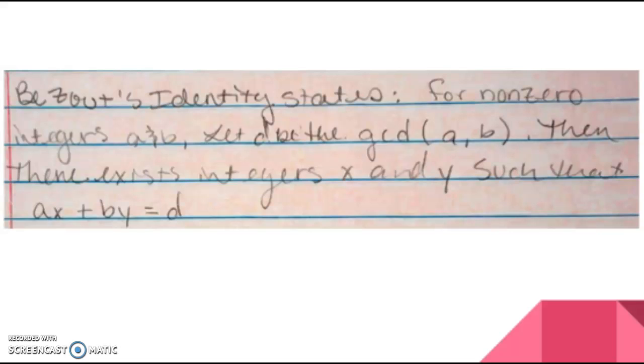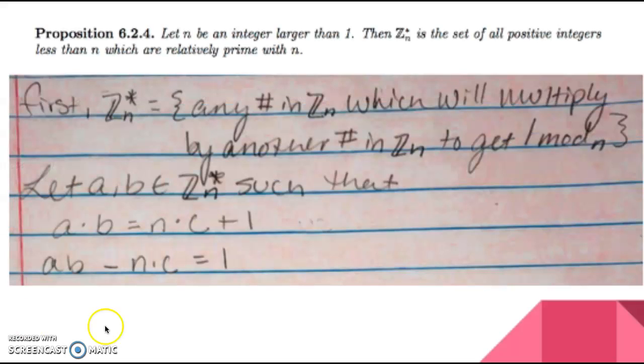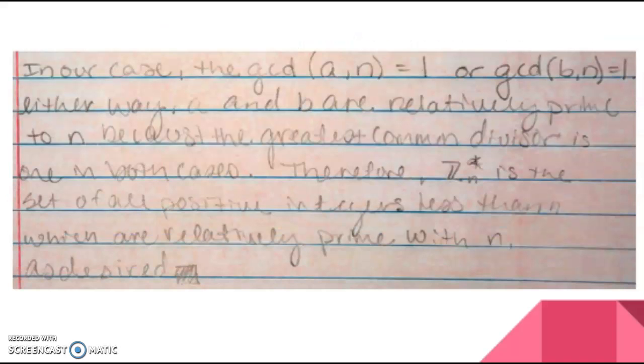Looking back at this prior equation, you can tell that this is very similar. In our case, the greatest common divisor of a and n is 1, or the greatest common divisor of b and n is 1. Either way, a and b are relatively prime to n, because the greatest common divisor is 1 in both cases.